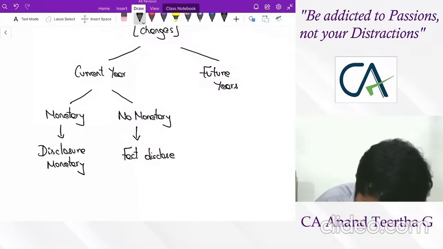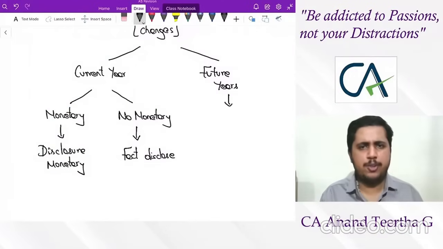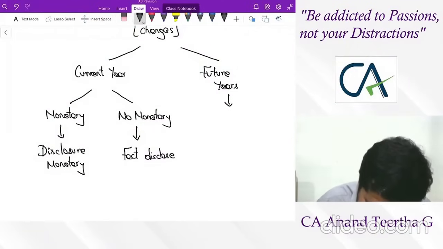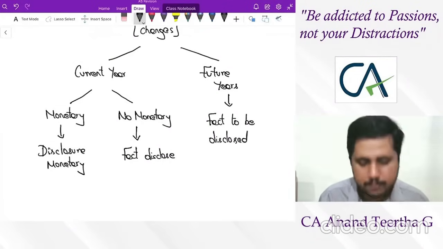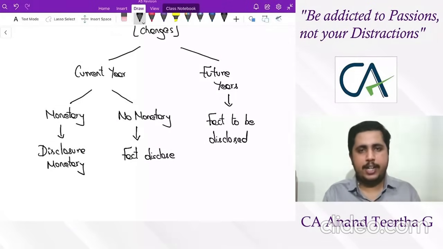Suppose this is going to impact the future years, then in the current year, the fact is to be disclosed as to how it is going to be impactful for the future. Okay, so current year impact: monetary, then disclose with monetary terms; non-monetary, only the fact should be disclosed.